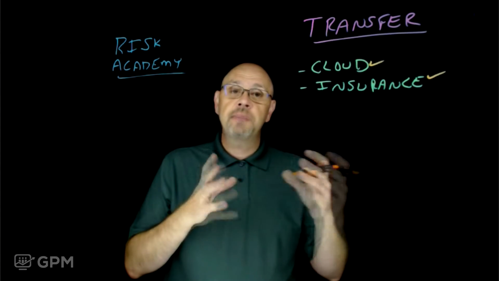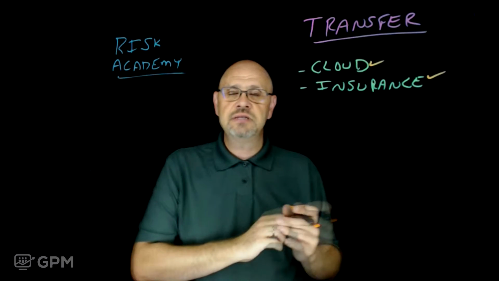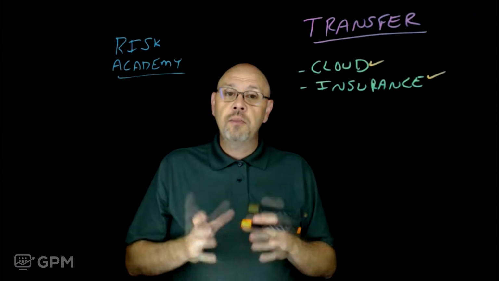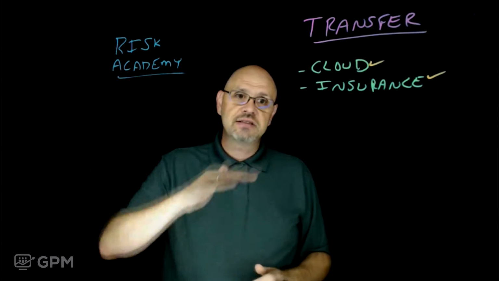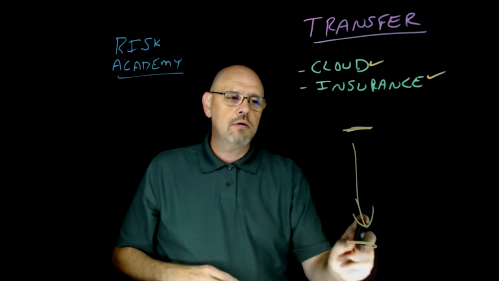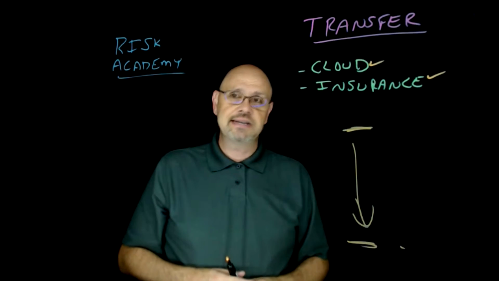That's what transfer is about: giving it to someone else to take care of, and then you've still got a little bit of risk left over, but not the majority of the risk. That gets us again from our higher level down to our lower level, where our residual risk is.